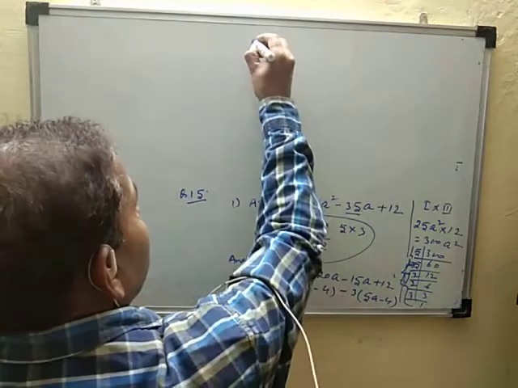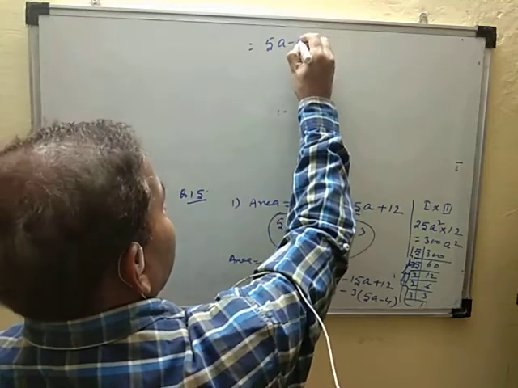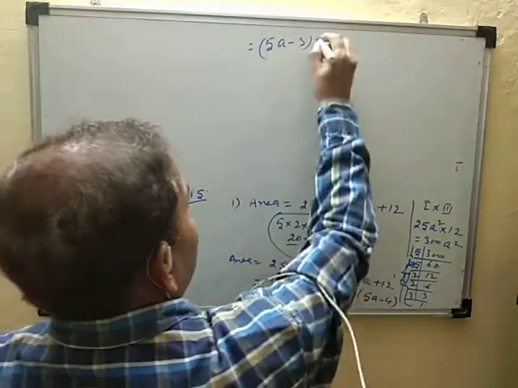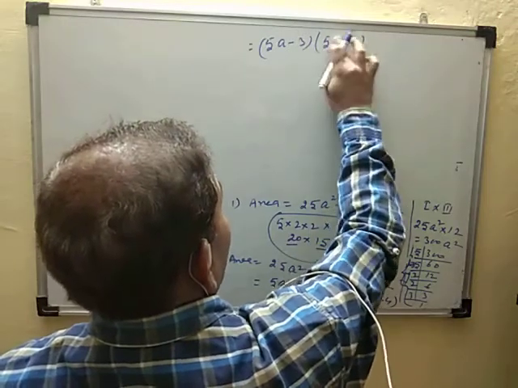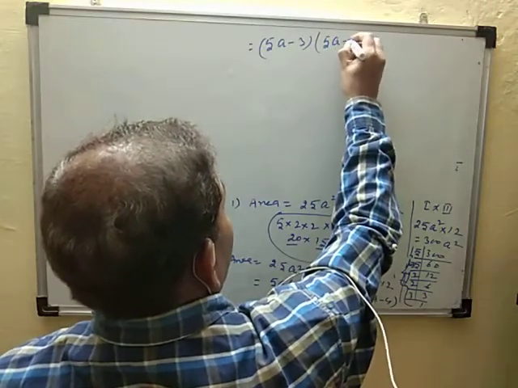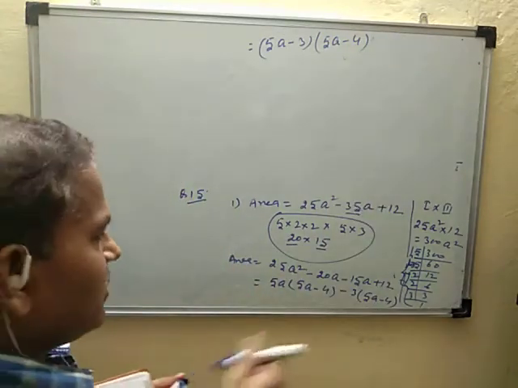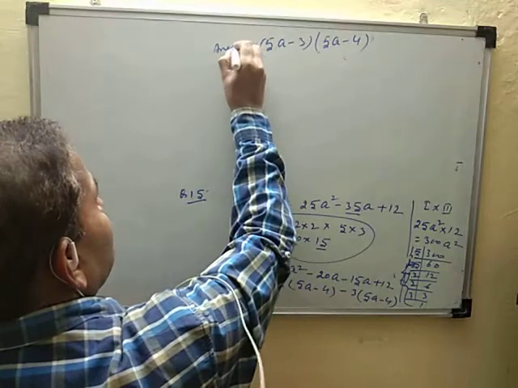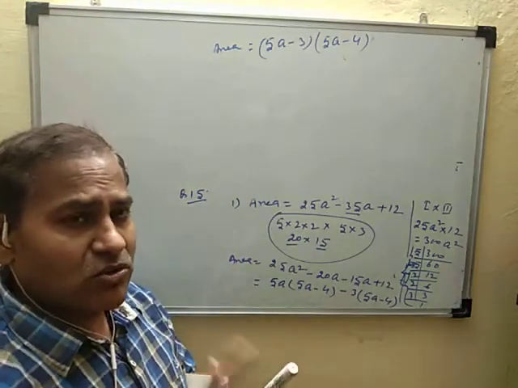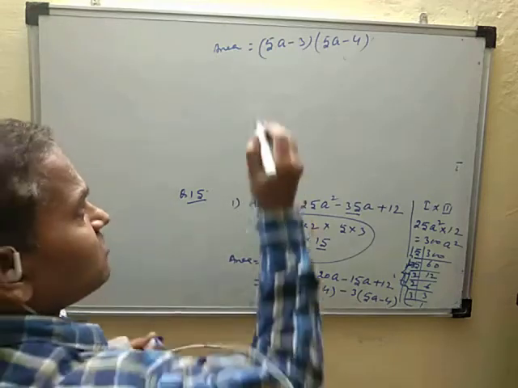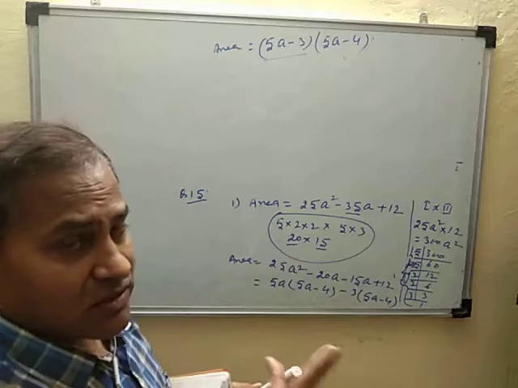So this equals 5a minus 3 as one factor and 5a minus 4 as the other factor. These are the 2 factors of the area of the rectangle, and since area of a rectangle is equal to length into breadth, the first factor is the length, the larger part, and the other is the breadth, the smaller part.